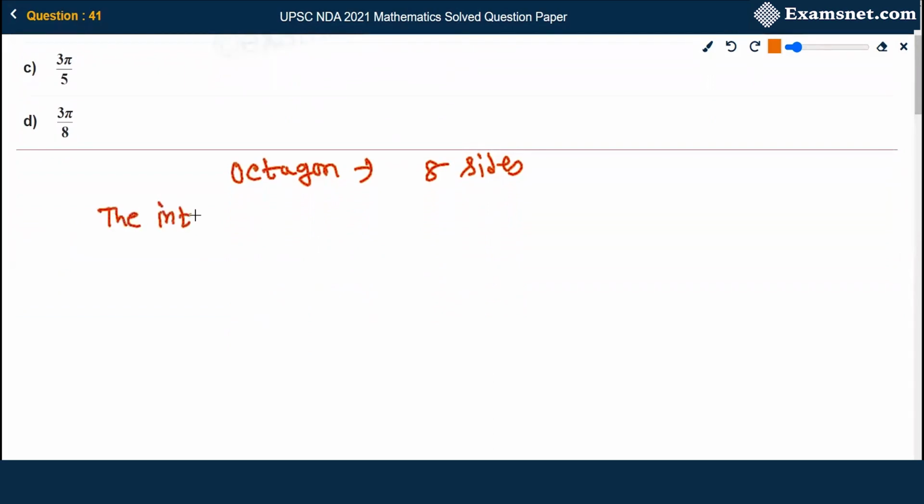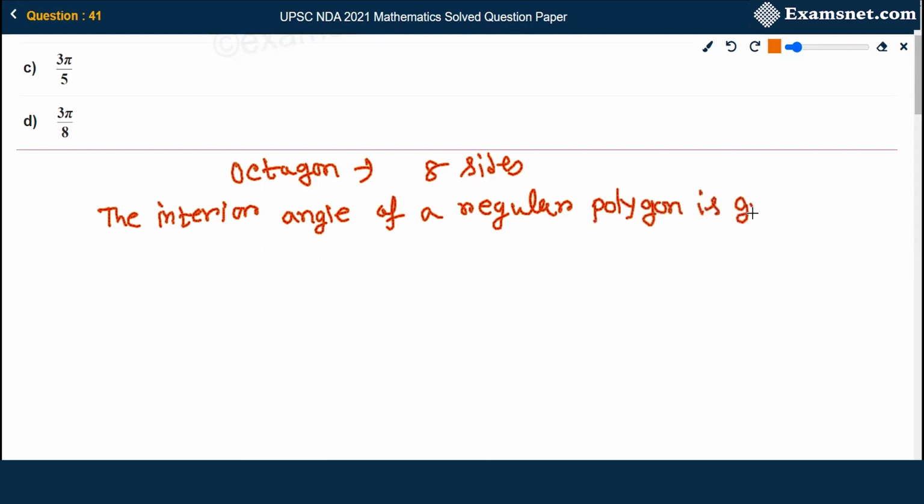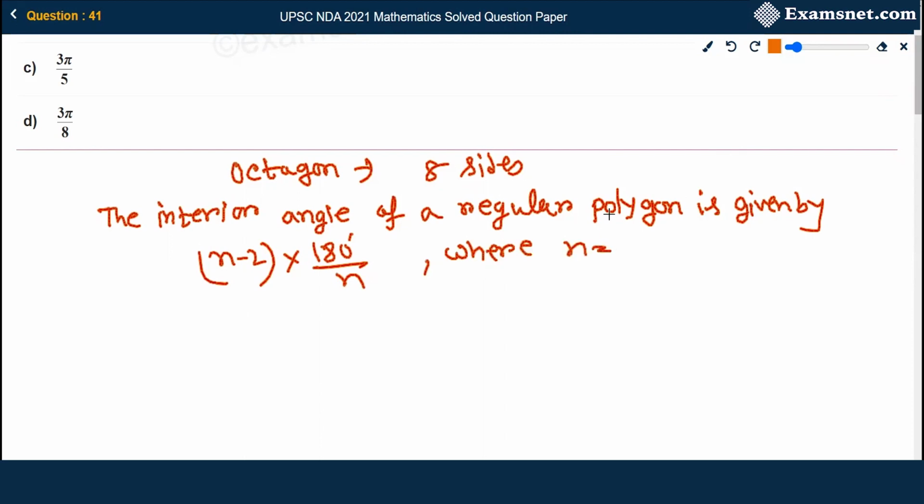The interior angle of a regular polygon is given by the formula (n minus 2) multiplied by 180 degree by n, where n is the number of sides.